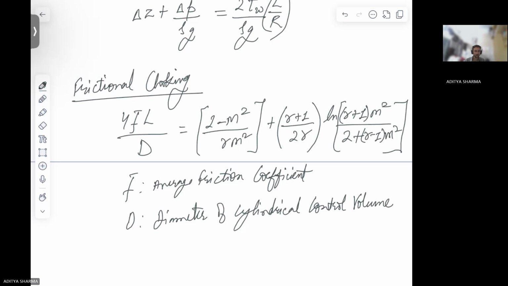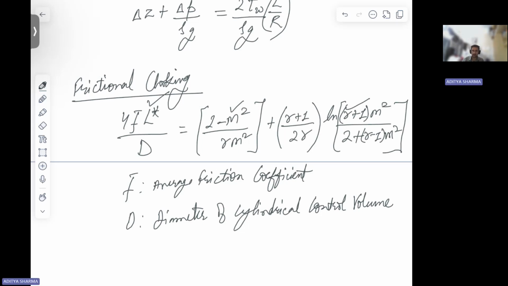M is for your Mach number. Gamma is ratio of specific heats. So this is there. Now L star is the length for which your flow will choke.